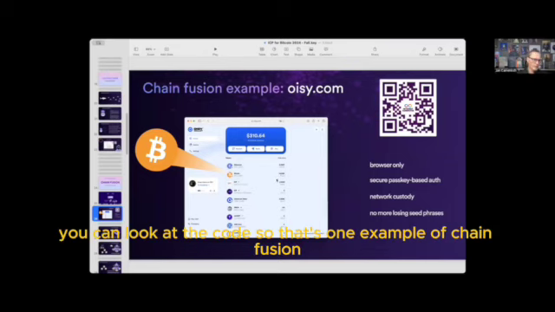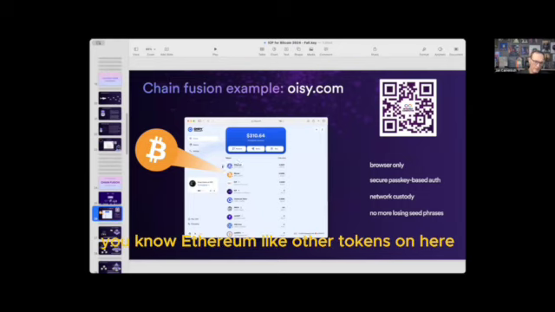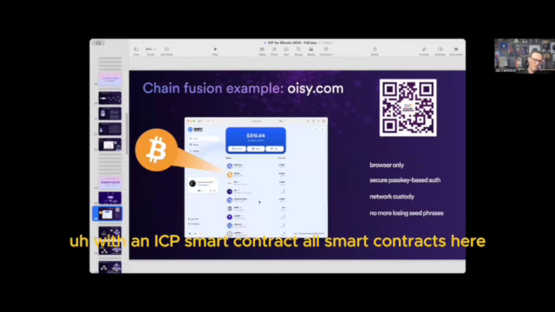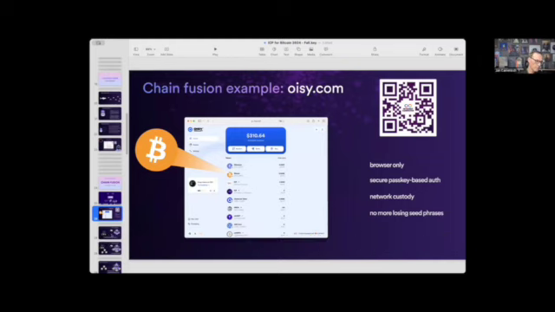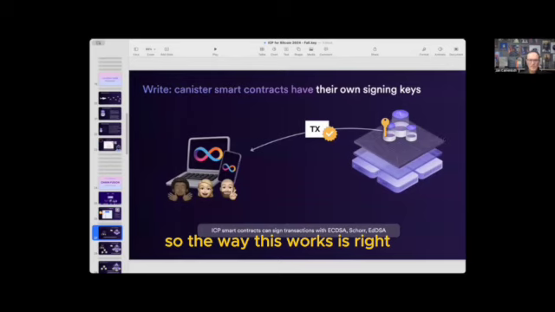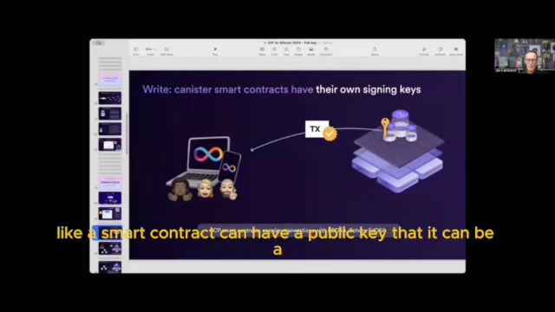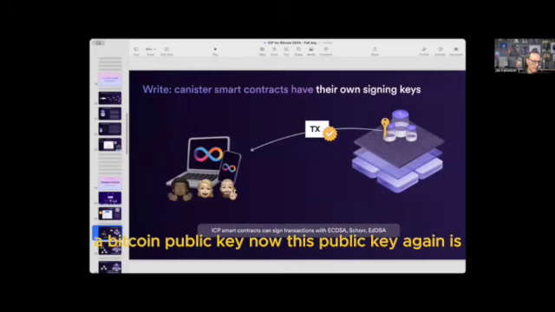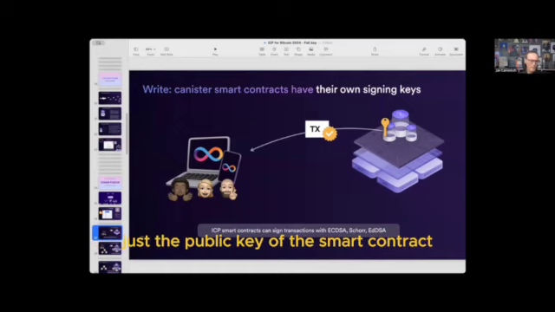So that's one example of chain fusion, how you can now have Ethereum and other tokens on here, how you can interact with other chains with an ICP smart contract, all smart contracts here. The way this works is, as I said, a smart contract can have a public key, it can be a Bitcoin public key. This public key is just the public key of the smart contract.